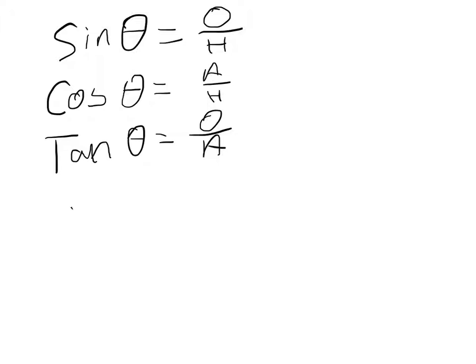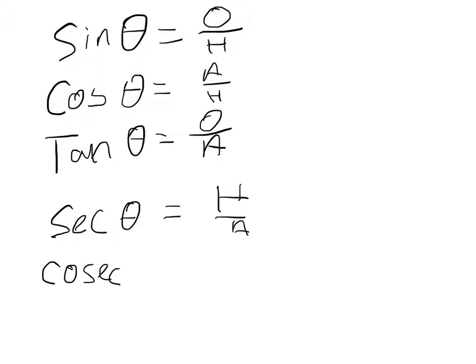There's secant, S-E-C. Secant theta, or sec theta, is hypotenuse over adjacent. Cosec theta is hypotenuse over opposite.